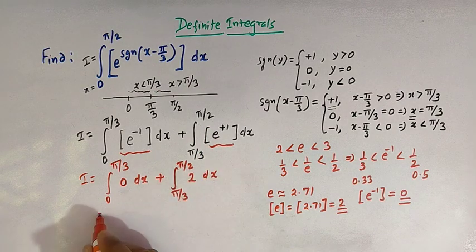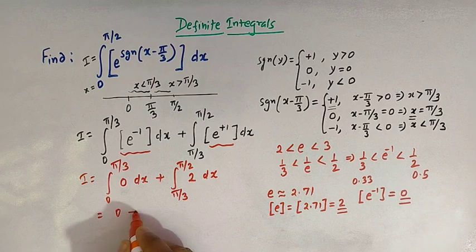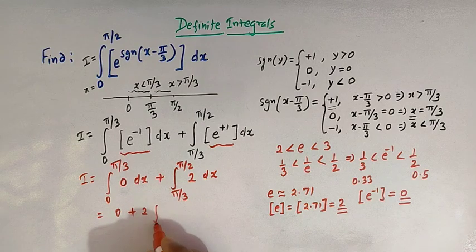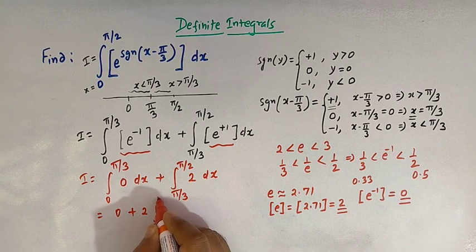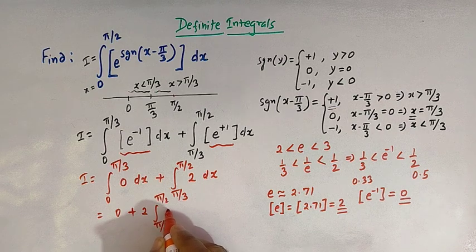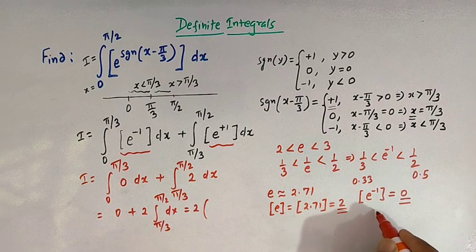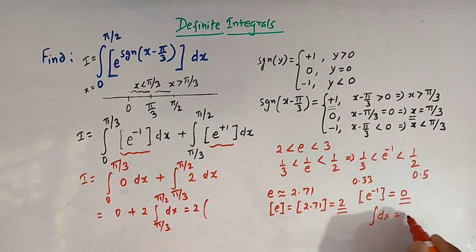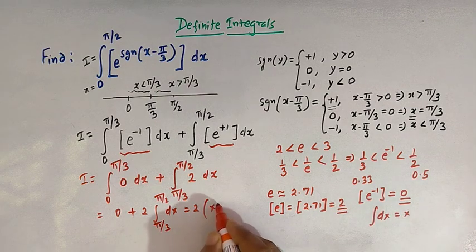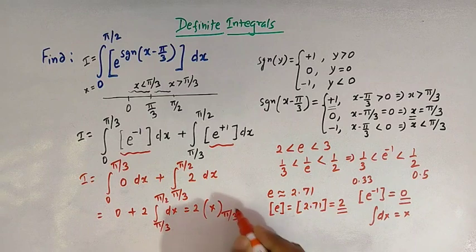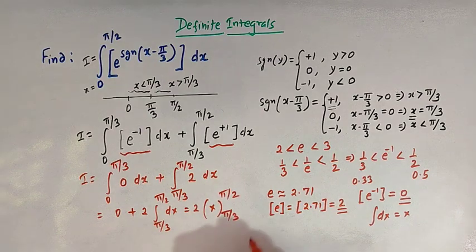So now this integral is 0, and here we have 2 times the integral of dx from pi by 3 to pi by 2. The integral of dx is equal to x, so here we have x with limits pi by 3 to pi by 2.